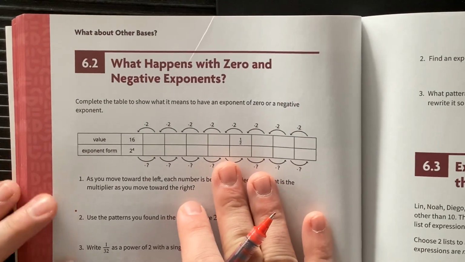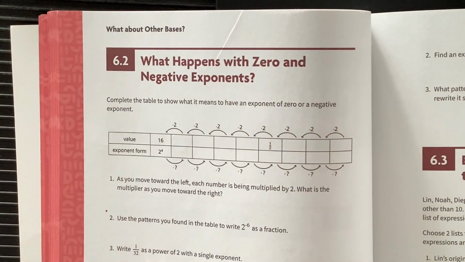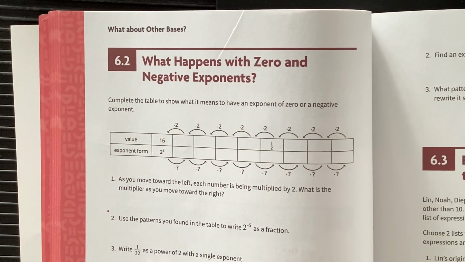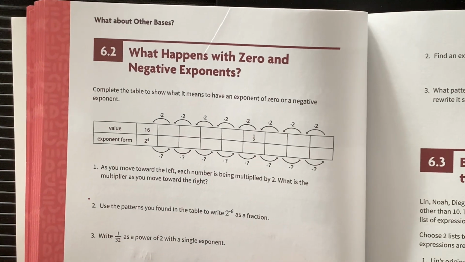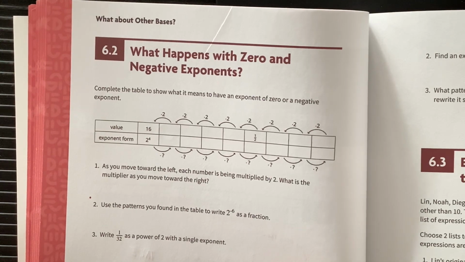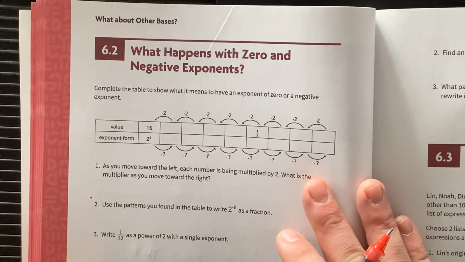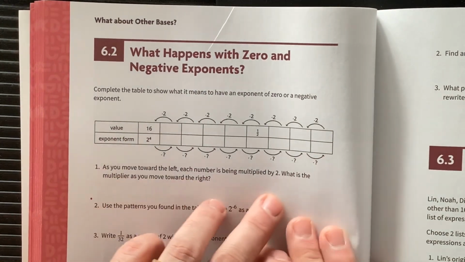All right. What happens with 0 and negative exponents? We've done a chart like this already. Now we're looking at one here with powers of 2. Same exact chart, I think, other than that, from the looks of it. It says, as you move towards the left, each number is being multiplied by 2.